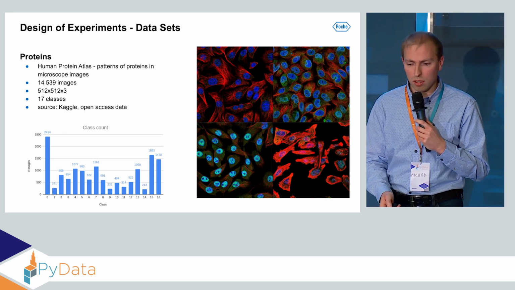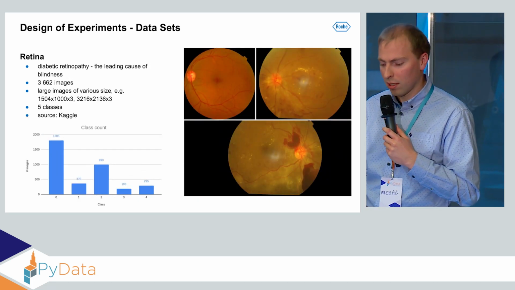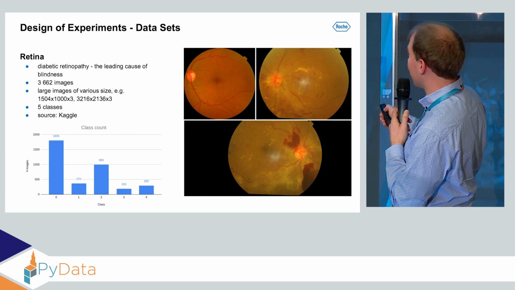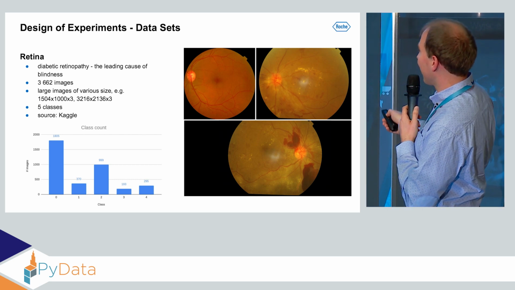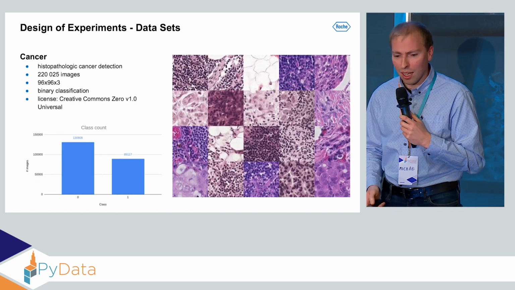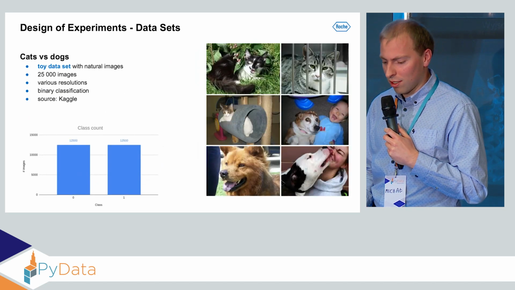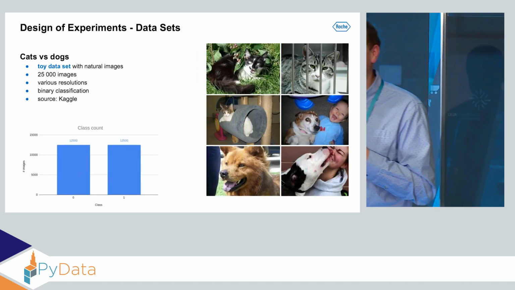Yes, so the protein dataset was square, the retina was almost square. This is not the original ratio, it was changed for the presentation. And cancer was square. Interestingly, cats versus dogs is not square.